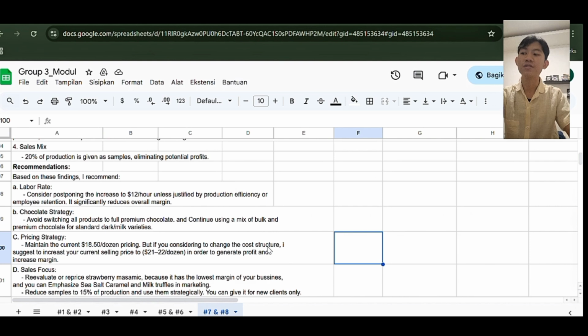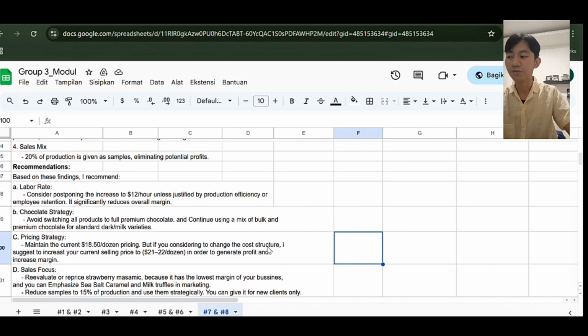So you maintain the current $18.50 per dozen pricing, but if you consider changing the cost structure, I suggest increasing your selling price to around 21 to 22 in order to generate profit and increase margin.